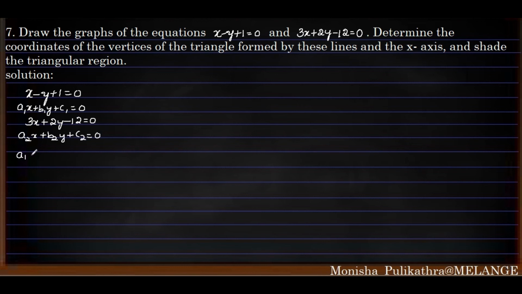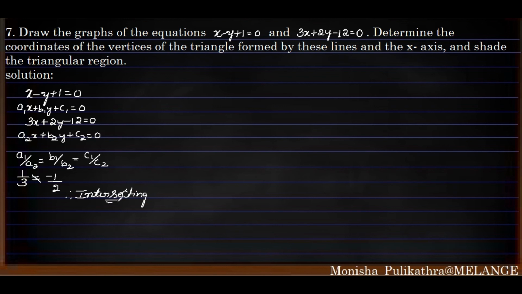Next we need to find the ratios a1 by a2, b1 by b2, c1 by c2. So a1 by a2 is 1 by 3, which is not equal to b1 by b2, which is minus 1 by 2. So clearly it is not equal, therefore it is intersecting. Okay, so we will get intersecting lines.